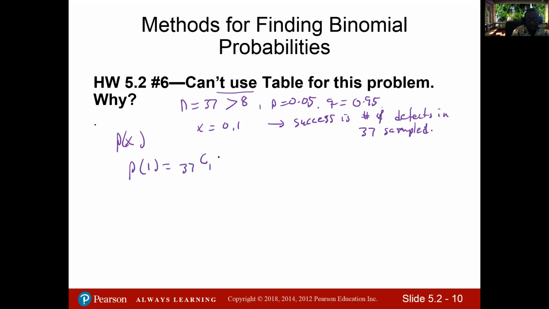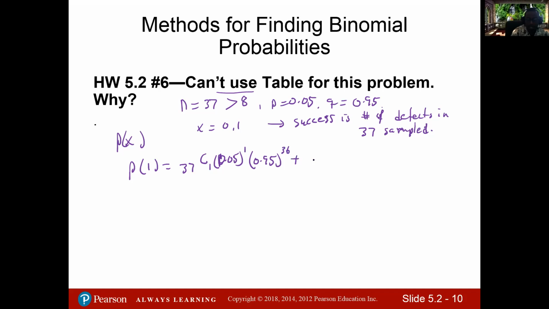1, times the probability of success 0.05 raised to the x, in this case 1, times 0.95 raised to 37 minus 1, which is 36.